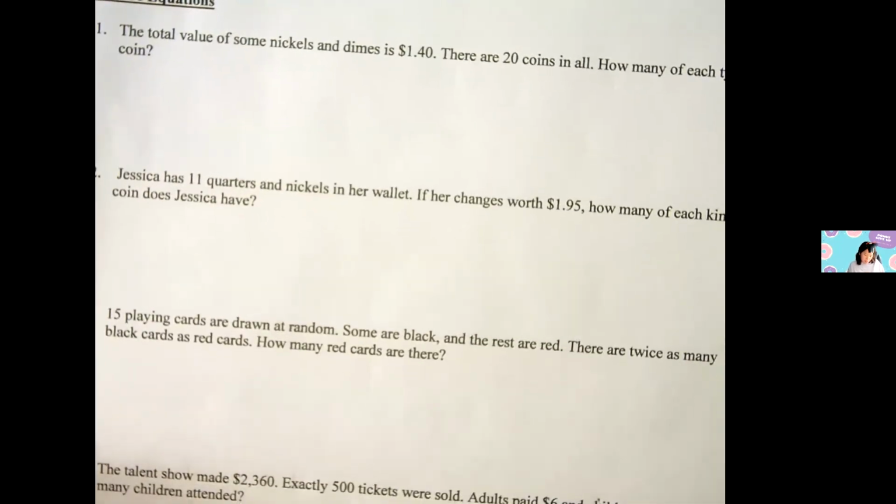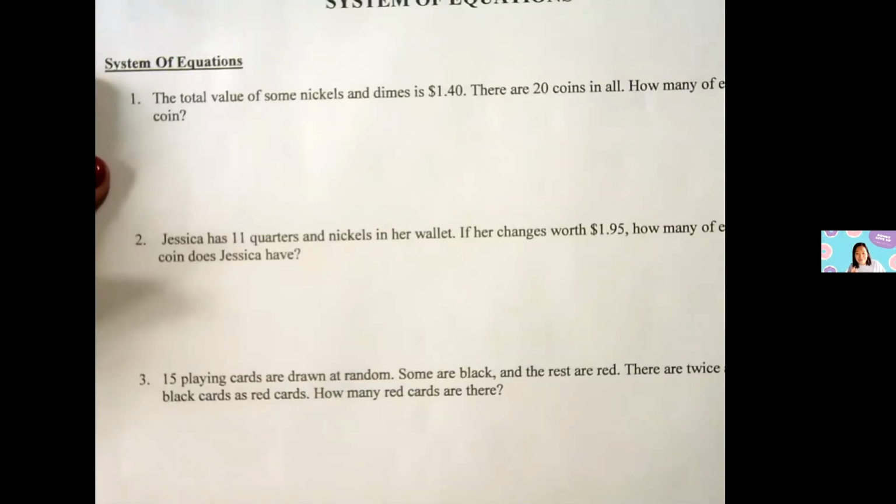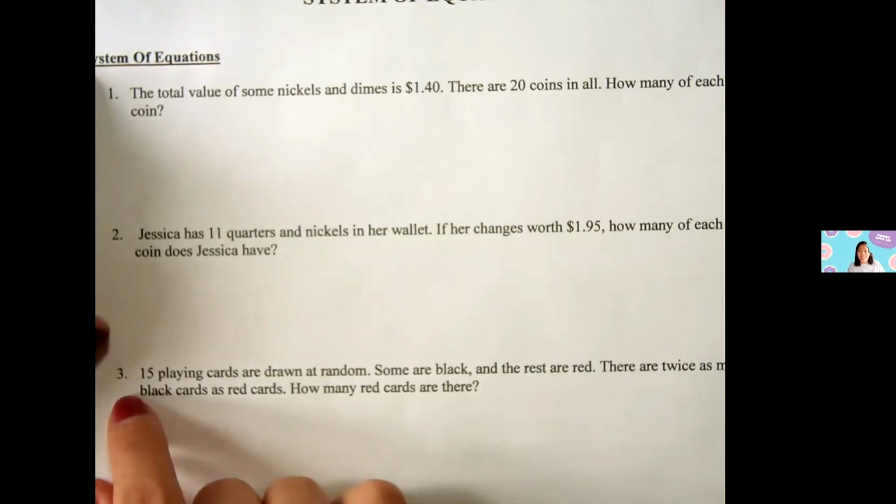Let's do number 1. If we do number 1, you'll be able to do number 2 on your own. And then we will try number 3. Oh, my bad, 1 and 3, not 15.